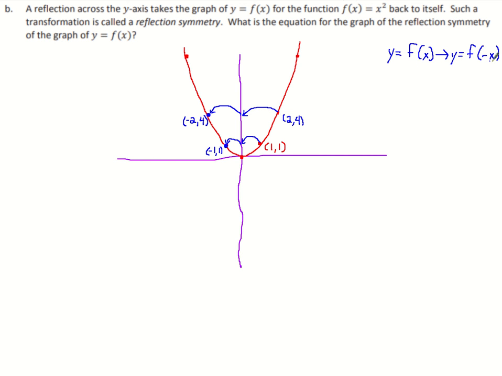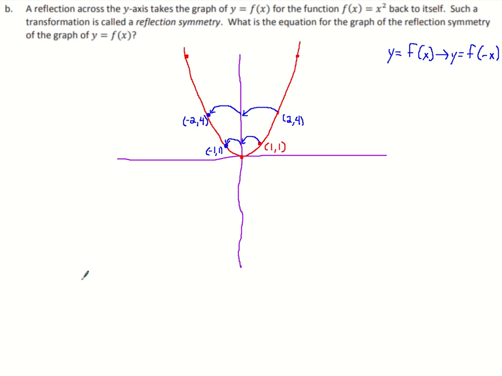But this negative x, similar to how before when we took our entire function and made it negative, it reflected it over the x-axis, if I take my input and make it negative, it's going to reflect over my y-axis. Though again, just want to note that reflecting this function over the y-axis literally doesn't change how it looks in the slightest.